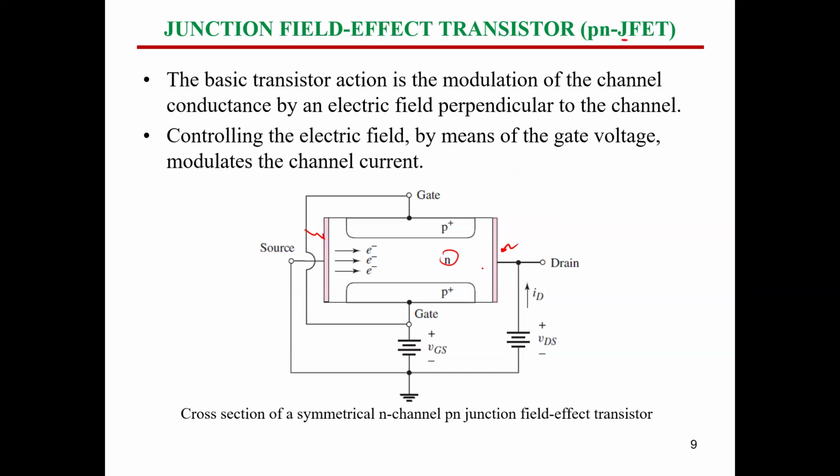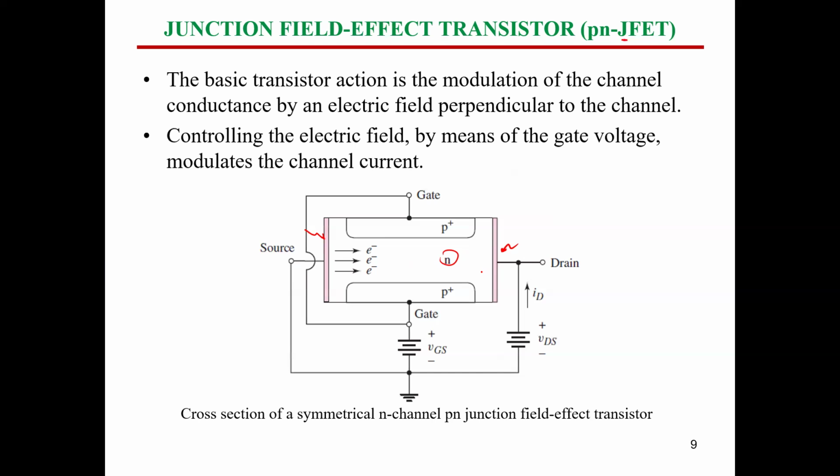So this is the difference between JFET and MOSFET. MOSFET is metal oxide semiconductor field effect transistor, so we have oxide material as a dielectric, but here we don't have this dielectric material.